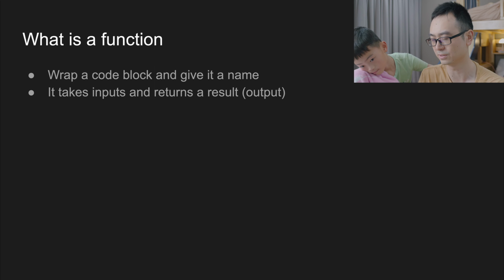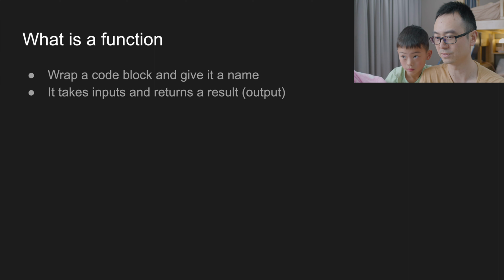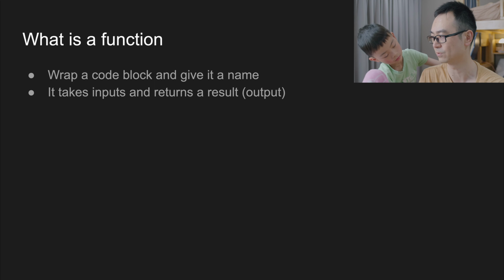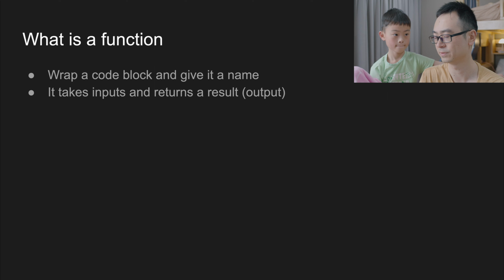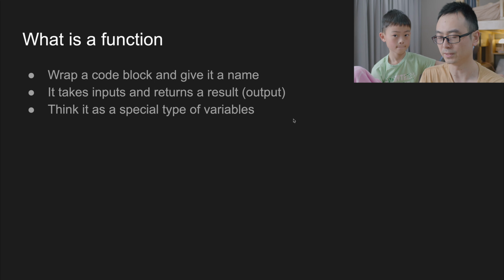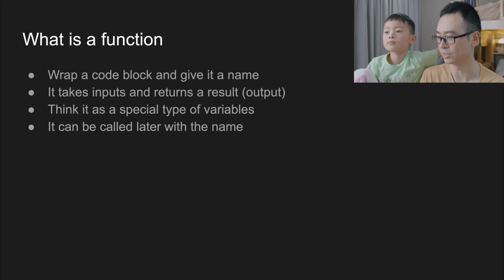It takes something in and then outputs something out. But there are special cases. It might not take anything, an empty input, and that's okay. There can also be nothing as output, and that's also okay. But usually it's about input and output. You can think of it as a special type of variable, basically the name of a block of code. It can be called later with the name you've given it.